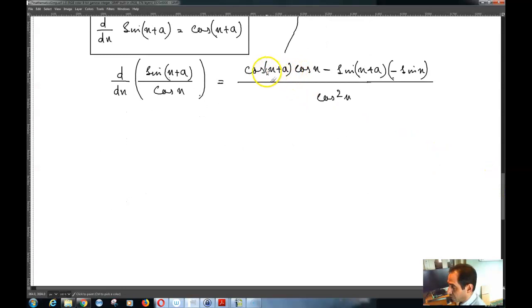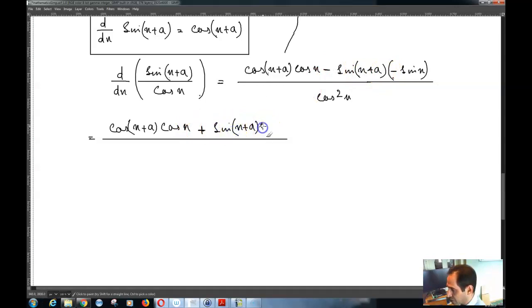If I multiply cos of x plus a times cos x, minus sine of x plus a times negative sine x, I see, okay. So over here what we have is cos of x plus a times cos x, and negative into negative is positive, plus sine of x plus a times sine x, divided by cos squared x.